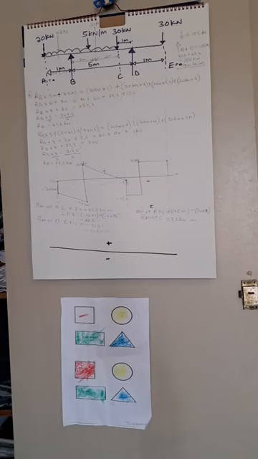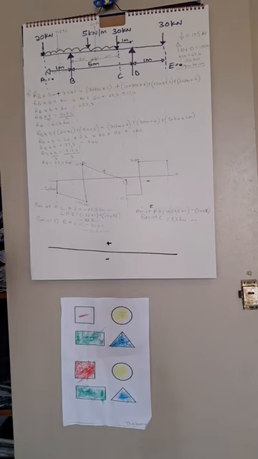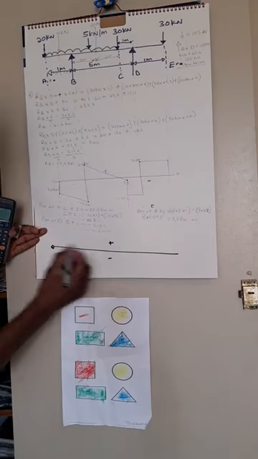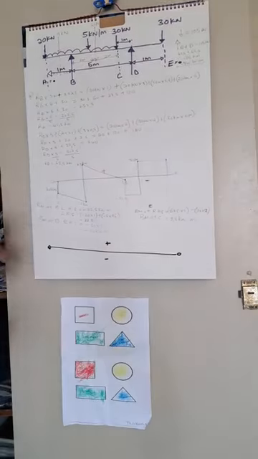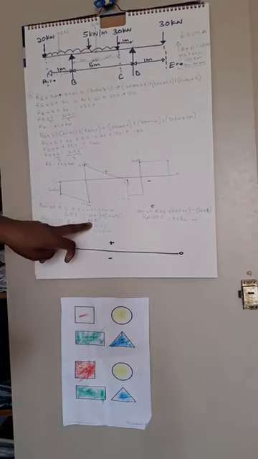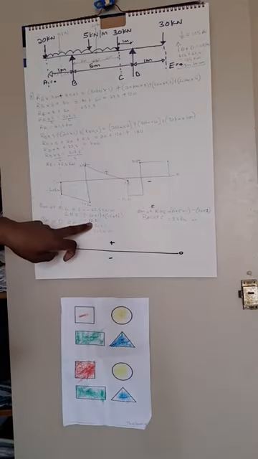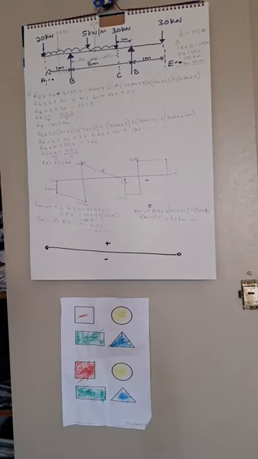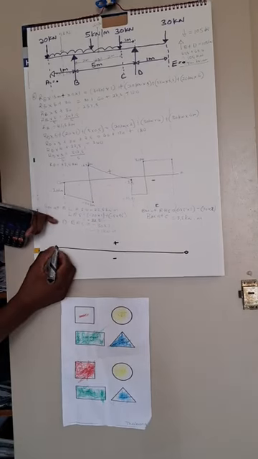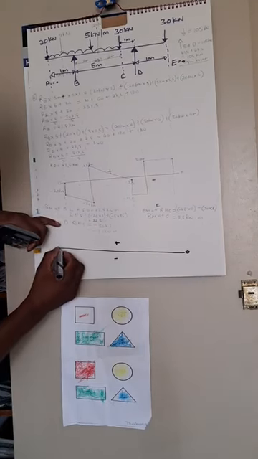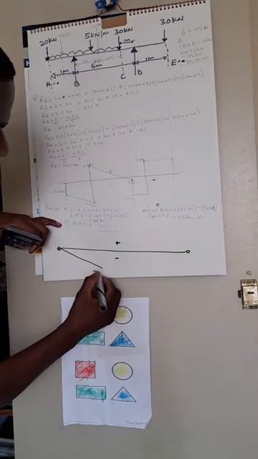So at A it's 0 here, at E is also equal to 0. What did we get as our bending moments? At B we got negative, so we are going to draw it going downwards because our answer is negative.